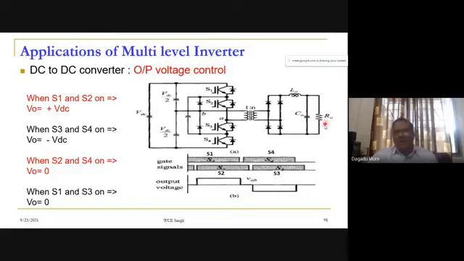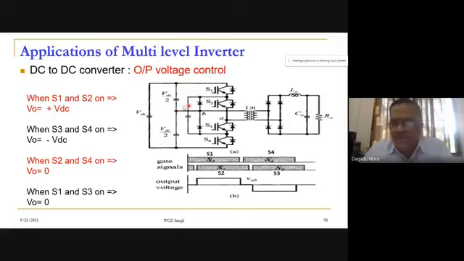So from fixed DC, we want a variable DC. Is it clear? From fixed DC, we want a variable DC, but that variable DC should be isolated. So the output should be isolated from the input.